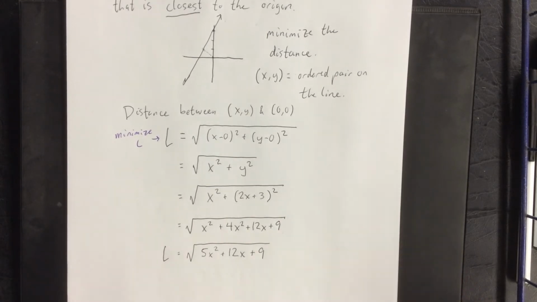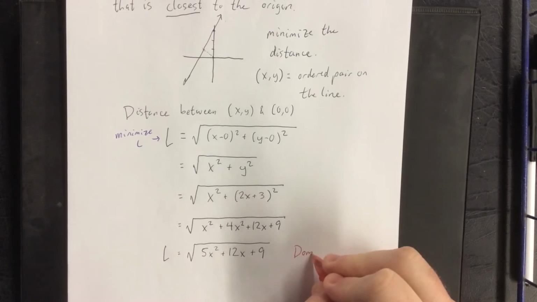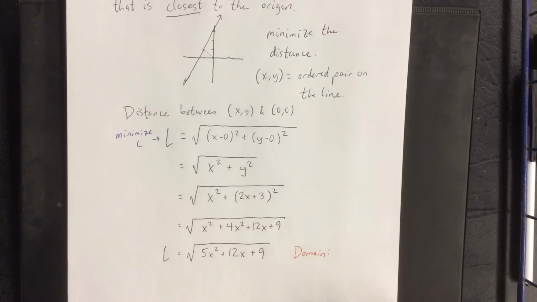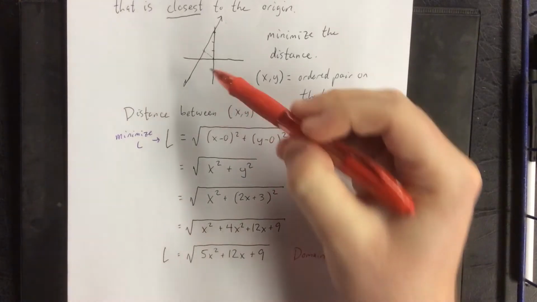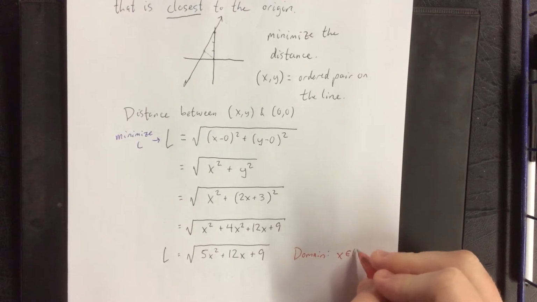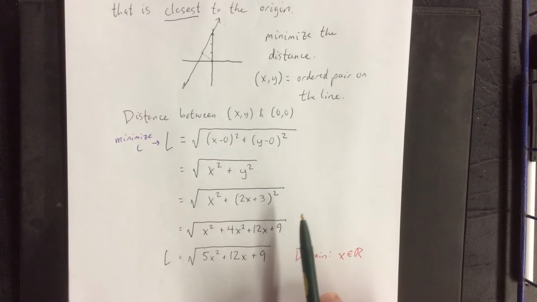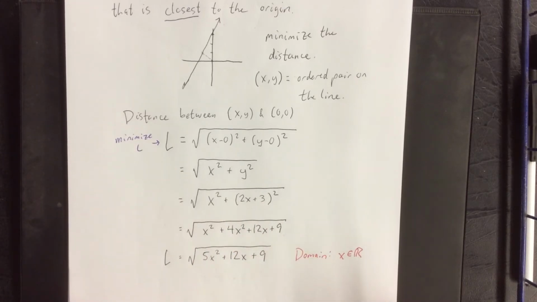Now, generally what we look for is an associated domain for x. However, the original line extends infinitely in both directions, so there really isn't going to be any sort of domain issue with this. Also, when you have a square plus a square, there's no value that I can plug in that will create a negative under the radical, so we don't need to worry about the domain associated with the radical.